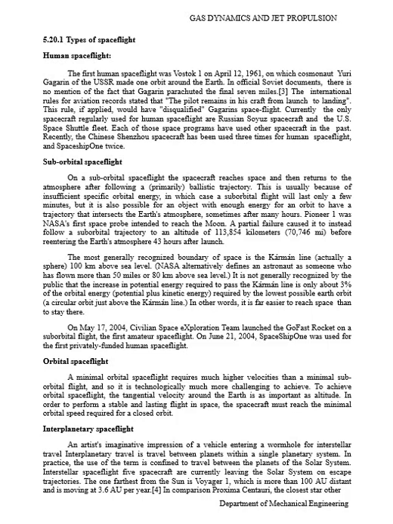This is usually because of insufficient specific orbital energy, in which case a suborbital flight will last only a few minutes. But it is also possible for an object with enough energy for an orbit to have a trajectory that intersects the Earth's atmosphere, sometimes after many hours.